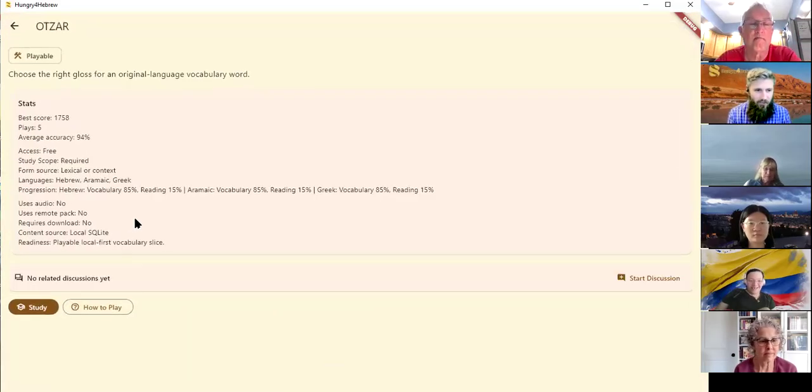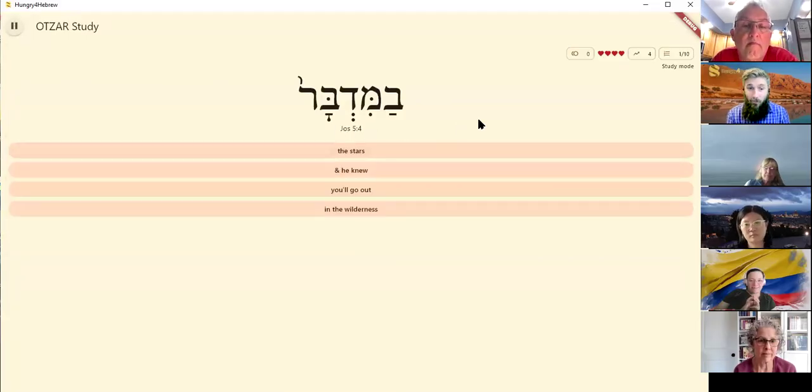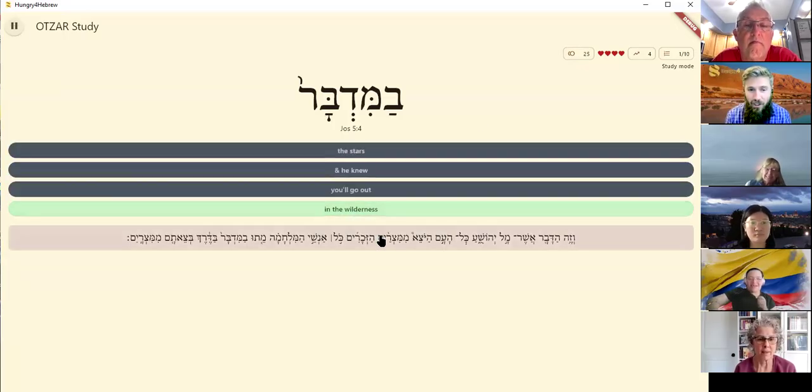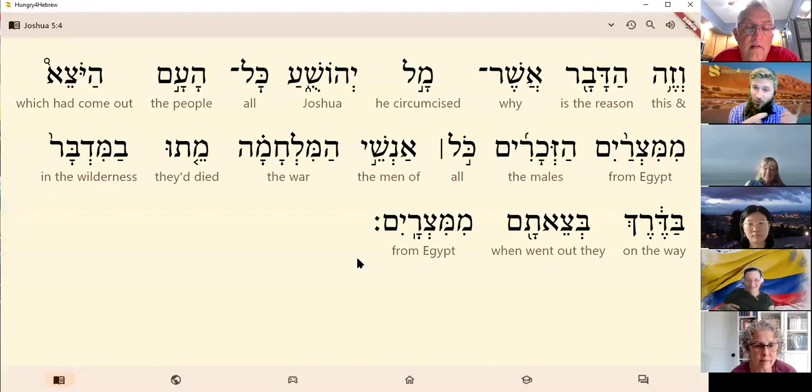Otsar is a very run of the mill game where you basically have a word that shows up in a certain place in the Bible and you have to guess what it means. Like Bamidbar, which means in the wilderness. Now, here's the cool thing. If you don't know that word very well, you click on this verse here and it'll take you over so you can read the verse in context.